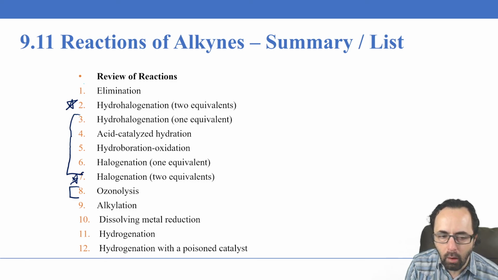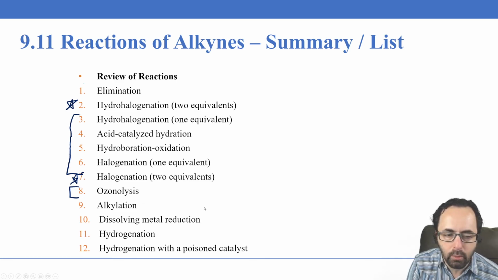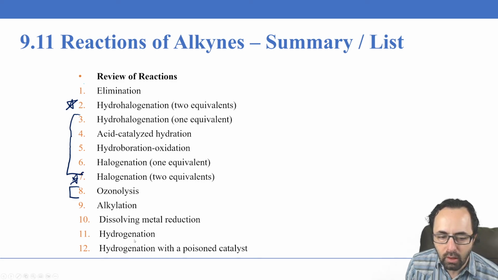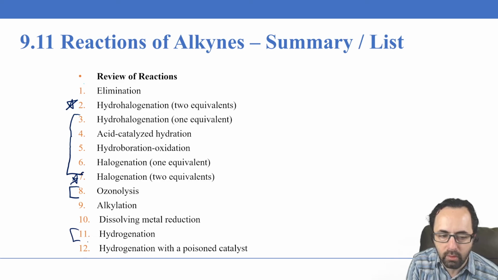All these reactions are like what we discussed in the last chapter, just a little bit different. The reactions that are new just for alkynes are the alkylation, dissolving metal reduction, and hydrogenation. We did hydrogenation also in chapter 9, but hydrogenation with a poison catalyst is new.